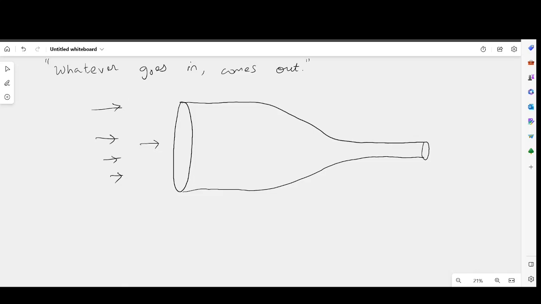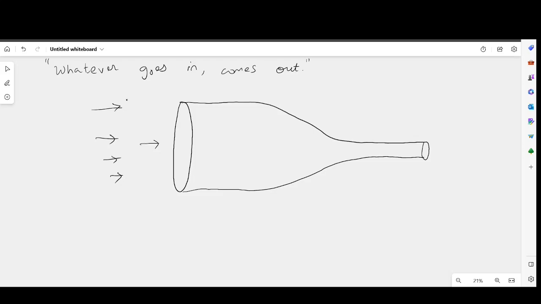So this is going to be our principle. As we understand from common sense, water is not accumulating in the pipe, and hence what I have written on the screen is true. So now let us try to figure out where this can lead.